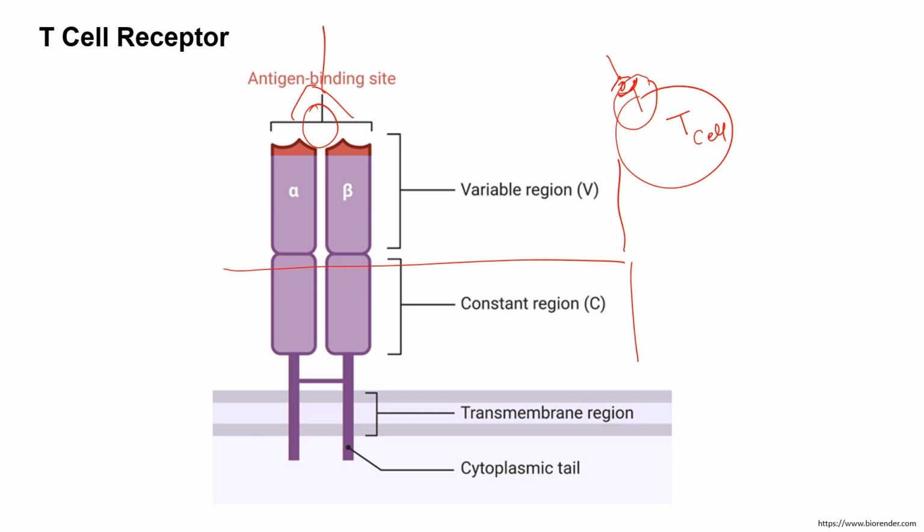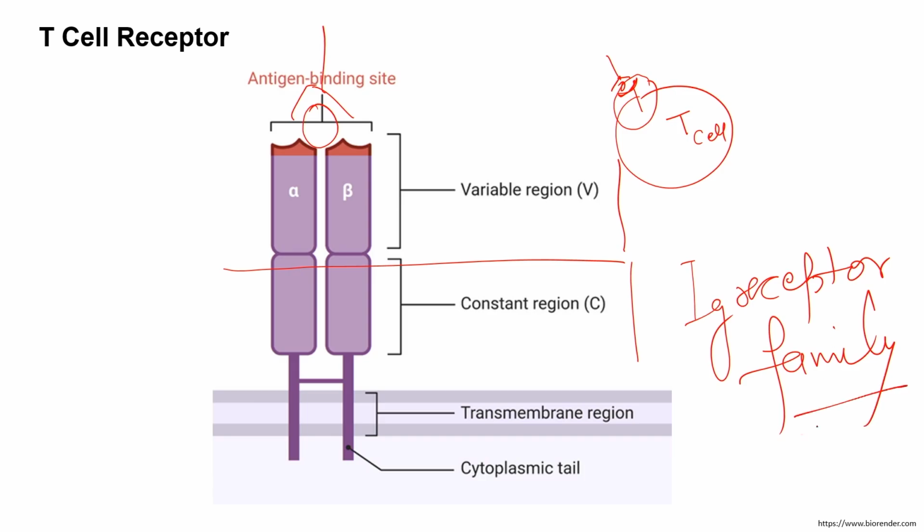Now, this constant and variable region is similar to the immunoglobulin family which we have discussed, and therefore, we often see in the textbook that these are called the immunoglobulin receptor family. These all look like immunoglobulin molecules, and therefore, these are all Ig receptor families.